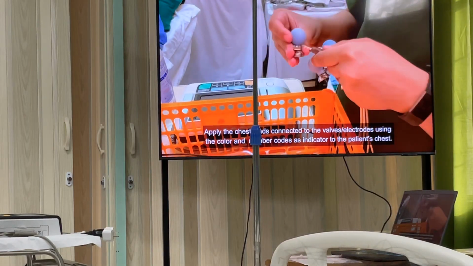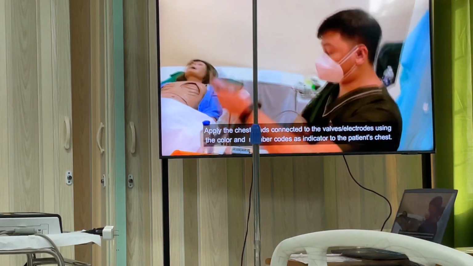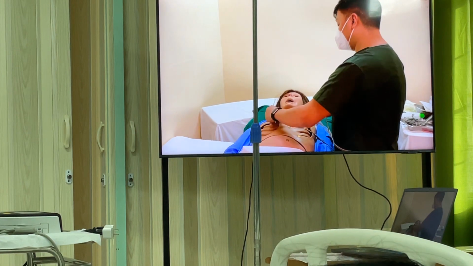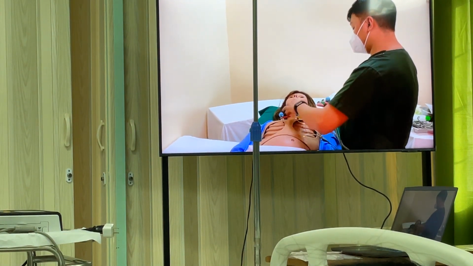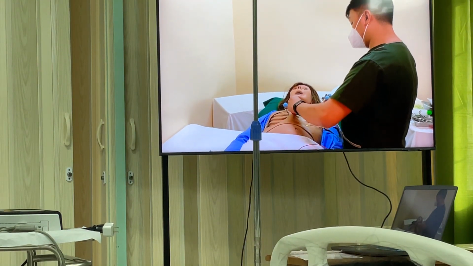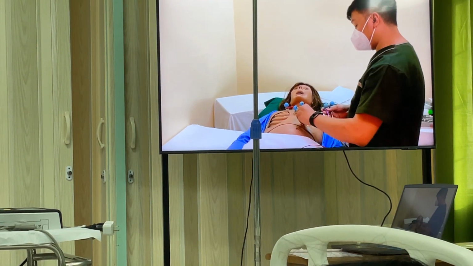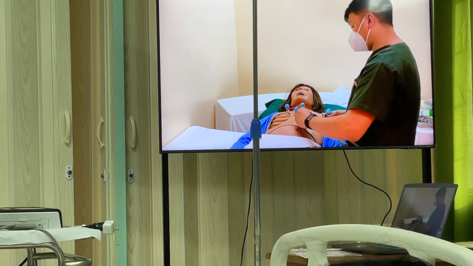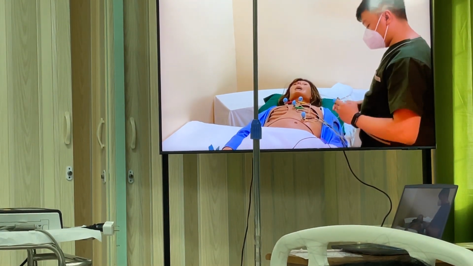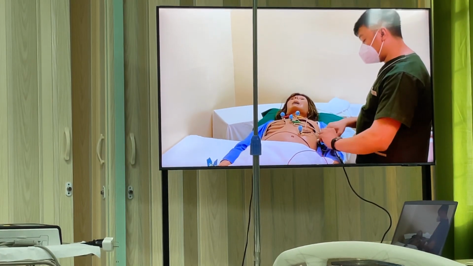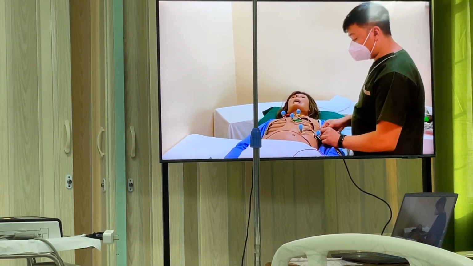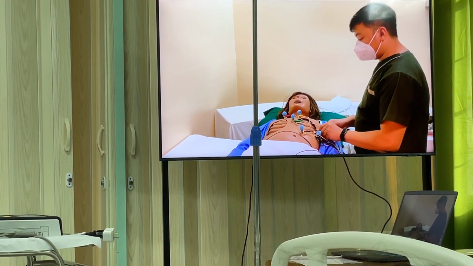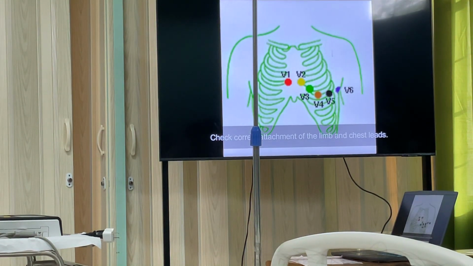In this, we'll be avoiding positioning of the electrodes directly on the bone. Attachment of the limb and chest leads.